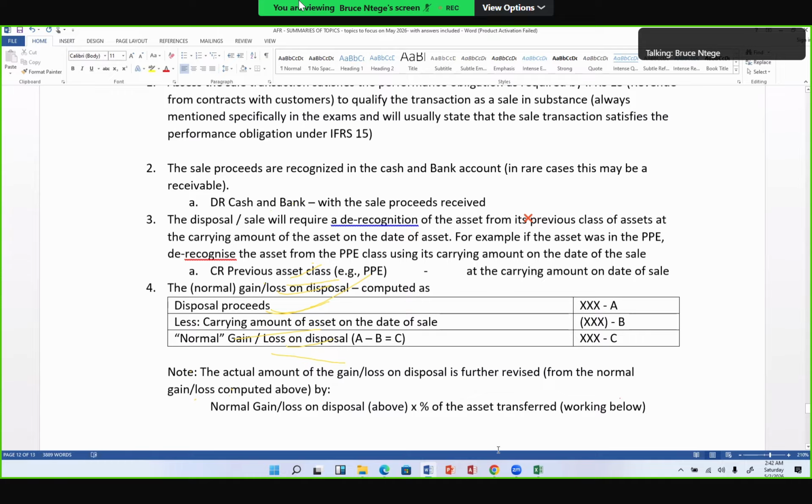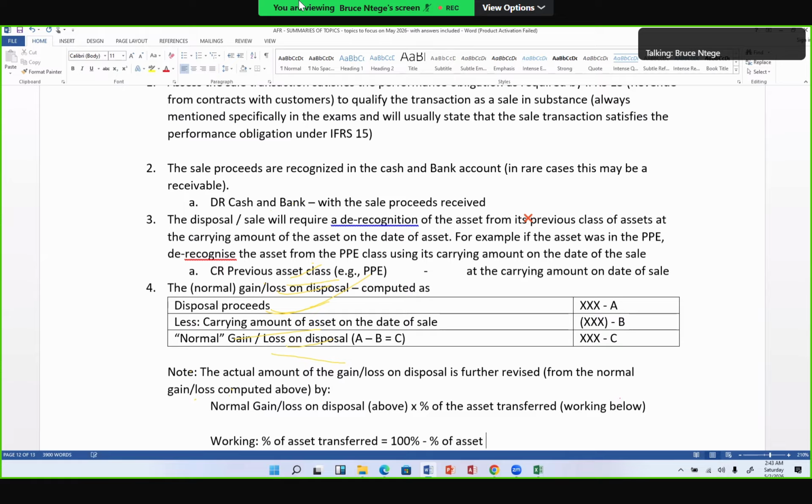Mathematically, the percentage of the asset transferred, at times other books call it released, is 100% minus the percentage of the asset retained.